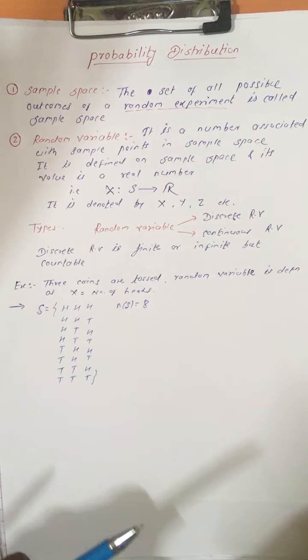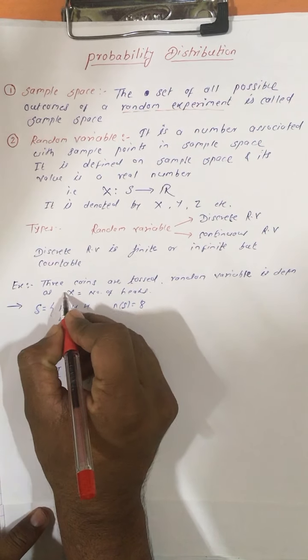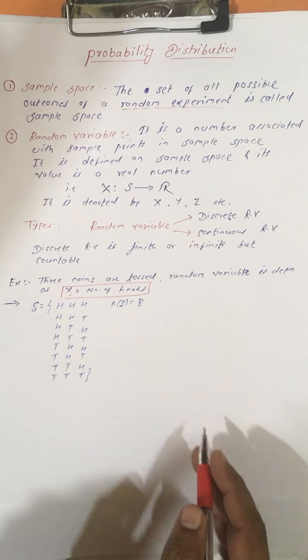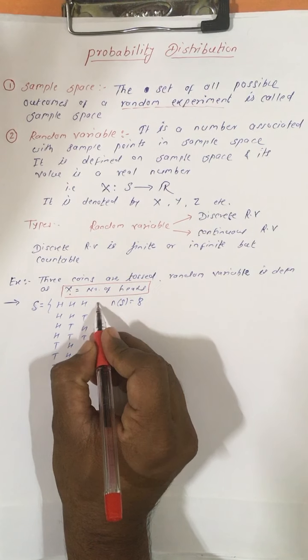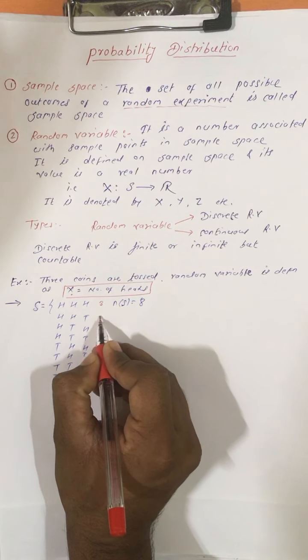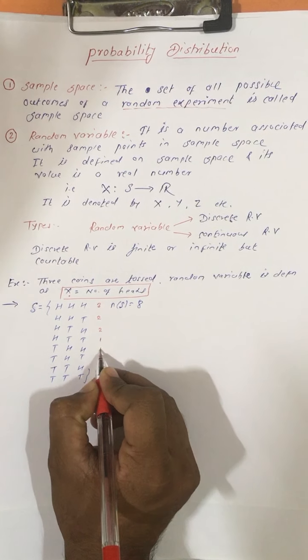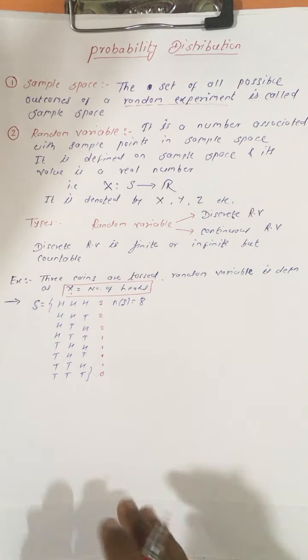Now, what have we been given? X is equal to number of heads. What is X? It is a random variable. Now we have to count the number of heads in each sample point. Here the number of heads is 3. Here it is 2. Here it is 2. Here it is 1. Here it is 1. Here it is 1. Here it is 1. Here it is 0.